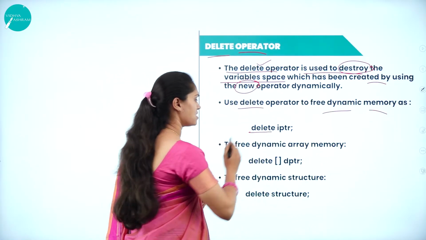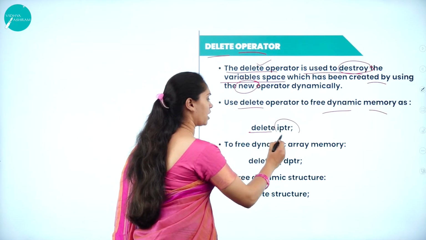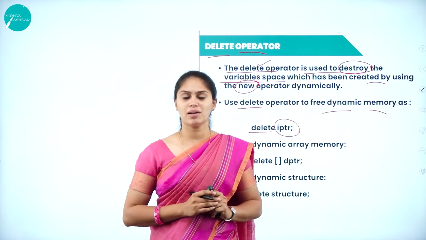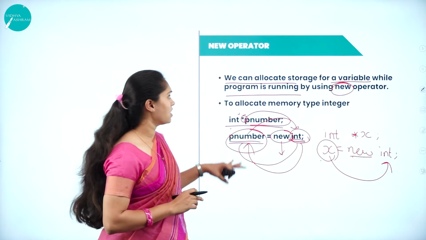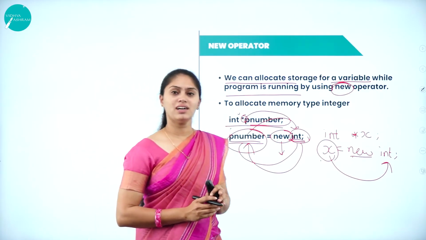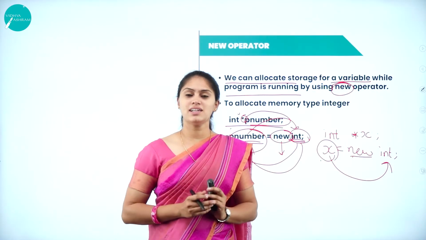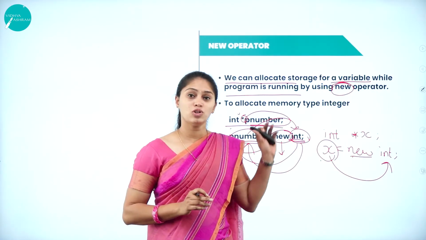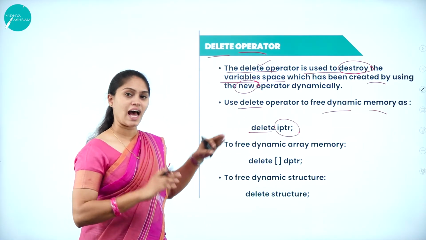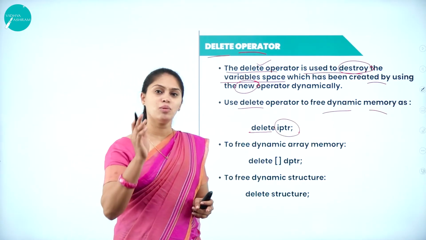So here delete is a keyword or an operator, and I have to take the pointer variable name and I must specify the pointer variable name. If you go back to the previous slide, I had taken one pointer variable and allocated some memory space dynamically to it. With the delete operator, I am going to deallocate the memory space allocated for that pointer variable.